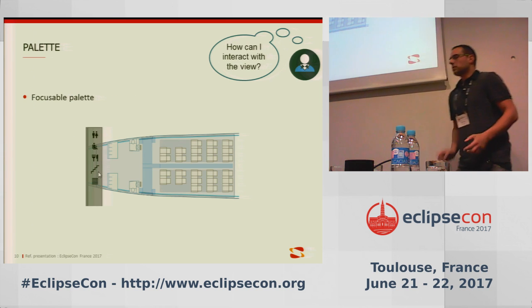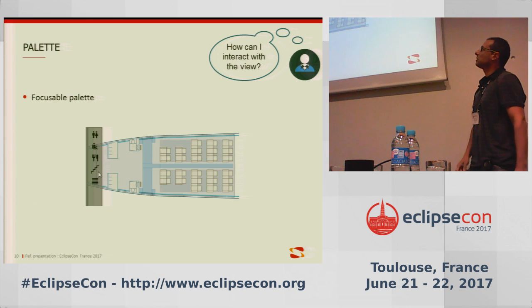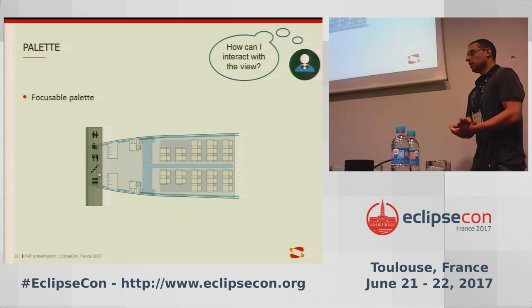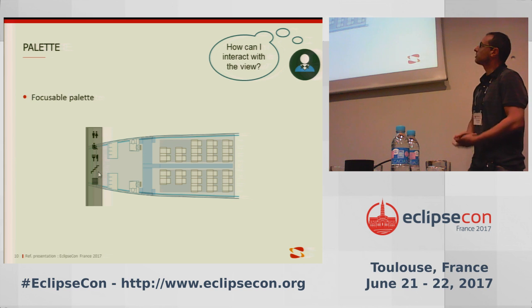We also provide a palette that is bound to a side of the drawing view, and it is triggered when the user focuses on it. With this palette, the user can create elements in the drawing or trigger some actions in the drawing view.